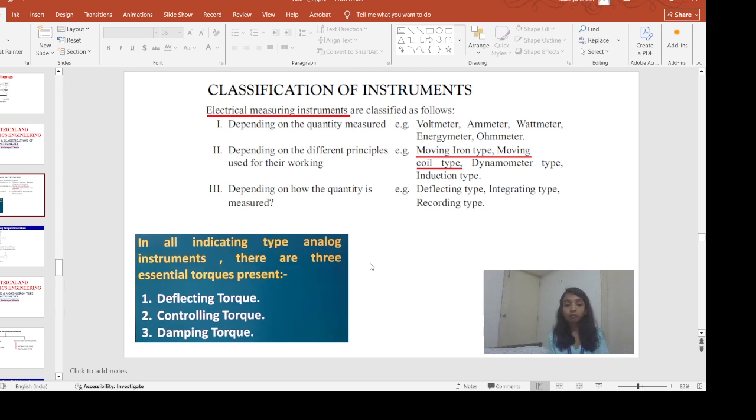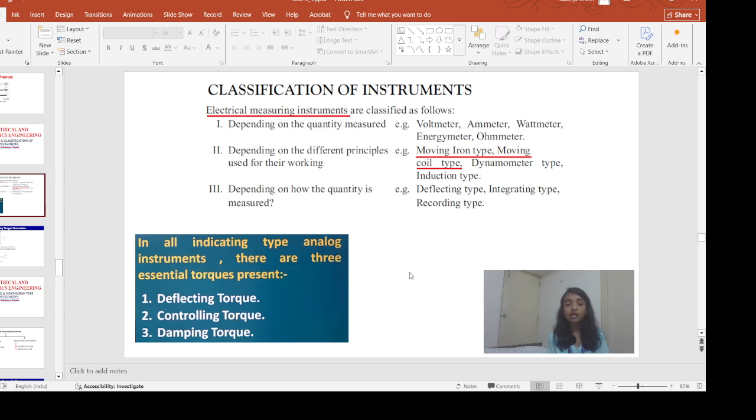But this should not happen. The pointer reading should be proportional to the input that I am applying. That means if deflecting torque is the only torque present in the system, then it is not correct. There must be some other torque present in our instrument which will bring back the pointer from its full scale value to the initial position. This torque is called the controlling torque.